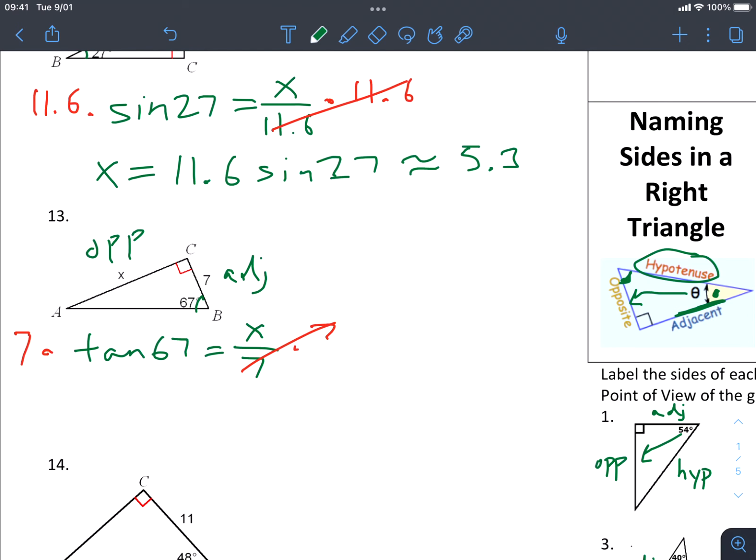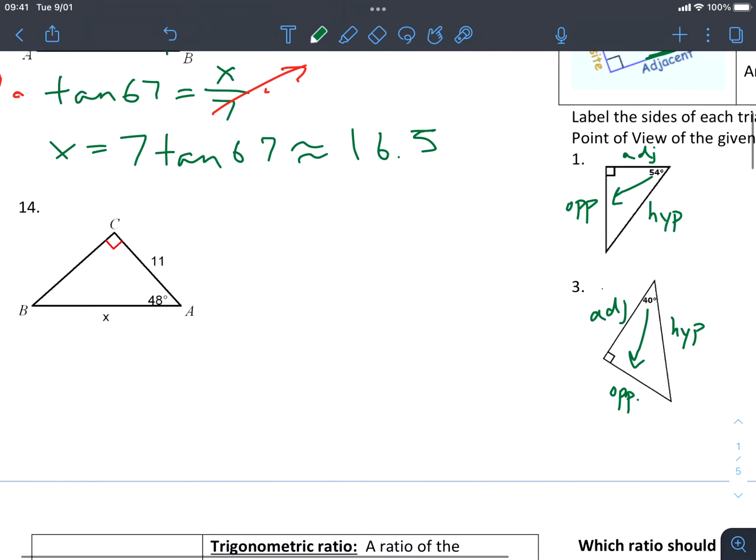And x is equal to 7 times the tangent of 67. When you put that into your calculator, you would get approximately 16.5. So 16.5 represents the length of that opposite side there.